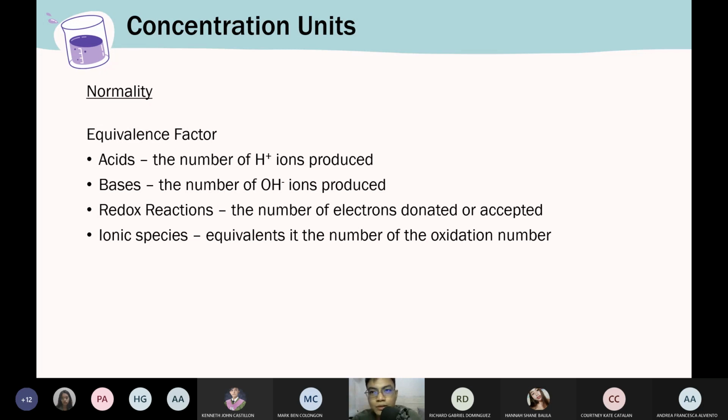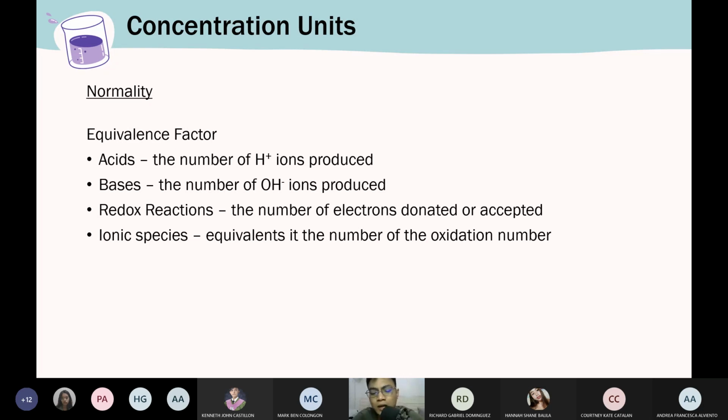Kapag yan ay base, the number of OH produced. If yan ay redox reaction, it's about the number of electrons donated or accepted. And if it is just an ionic species, then that is the charge, okay, of the species. So napapansin nyo, parang iba-iba siya, no? Yung equivalence factor natin, depende siya sa chemical.